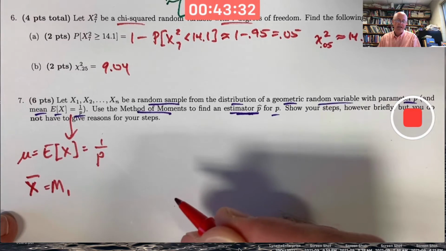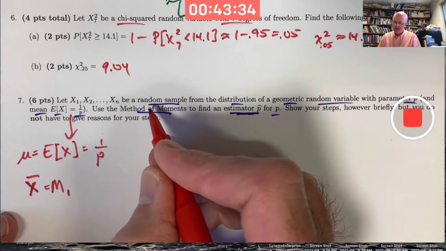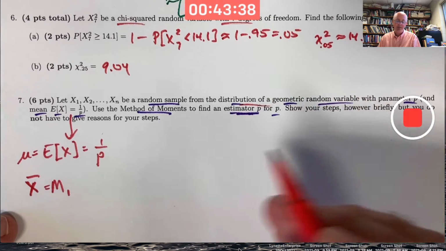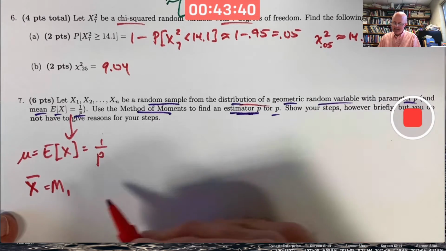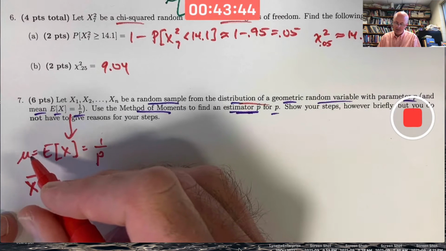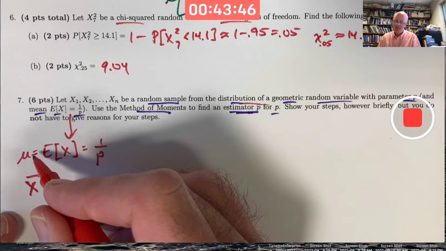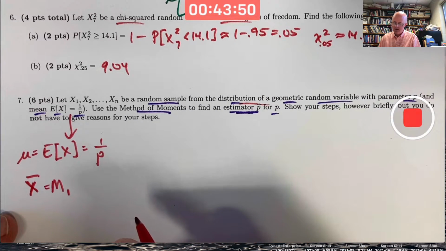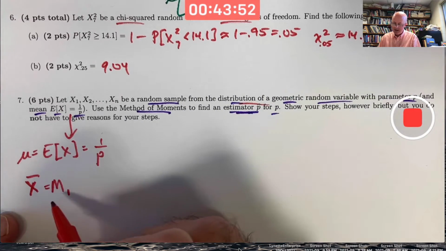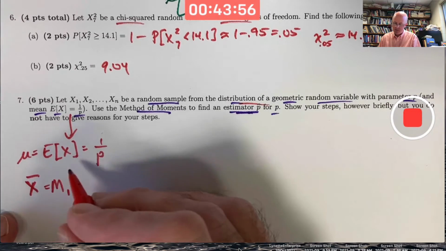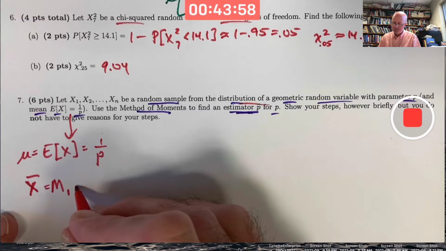The sample mean, take all these random variables that have the same distribution, add them together and divide by n, is what's called an unbiased estimator for the population mean mu. Population meaning the actual theoretical distribution. Replace that with X bar, an estimator for the first moment, sometimes called M1.